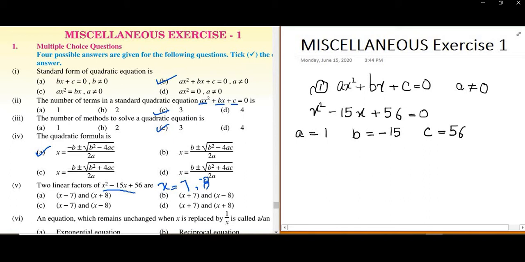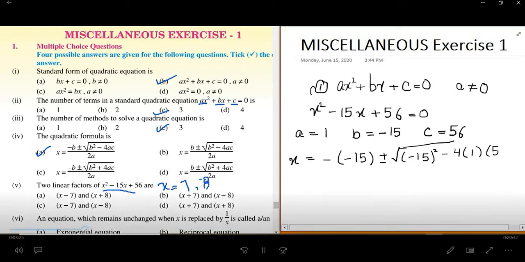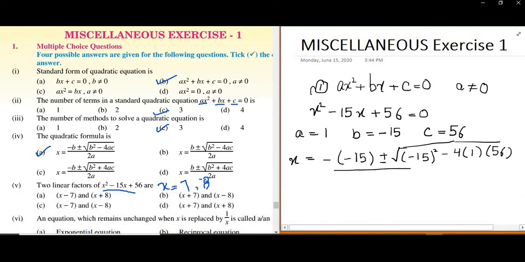Apply the formula to find the roots, to find the linear factors for this. Minus b plus minus square root b square minus 4ac, over 2a.